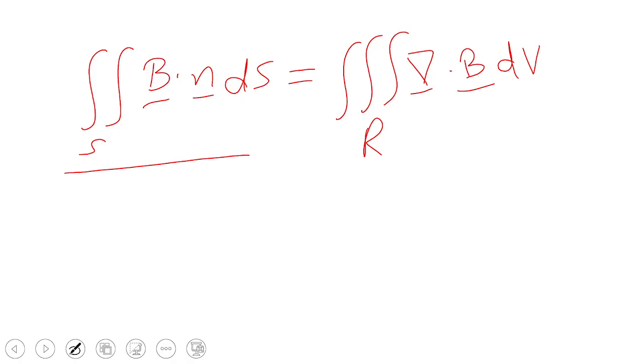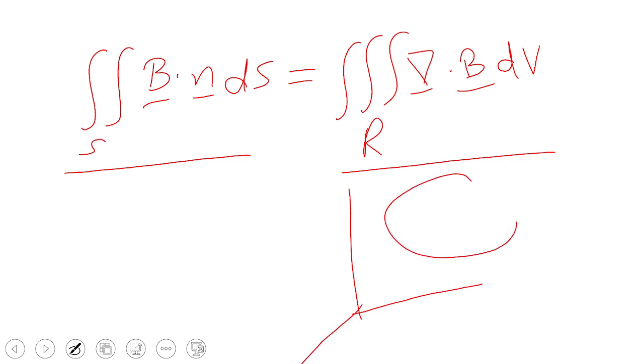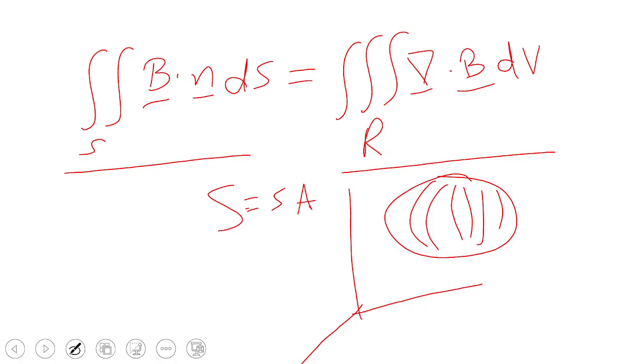So, on the left side we have a surface integral and on the right side we have a volume integral. So, in a 3-dimensional space we have a closed surface, and S is the surface area, and V is the volume. So, ds is the surface increment and dv is the volume increment.